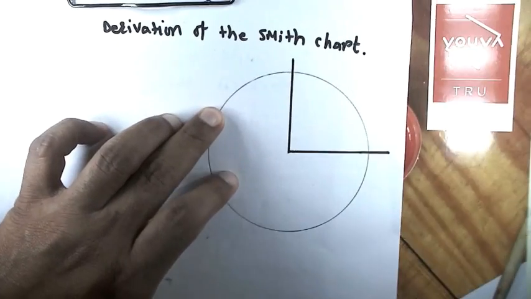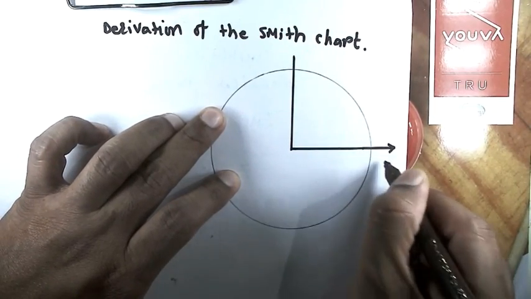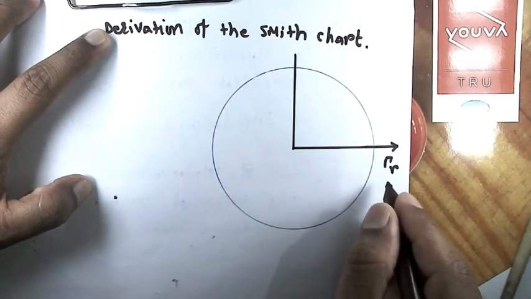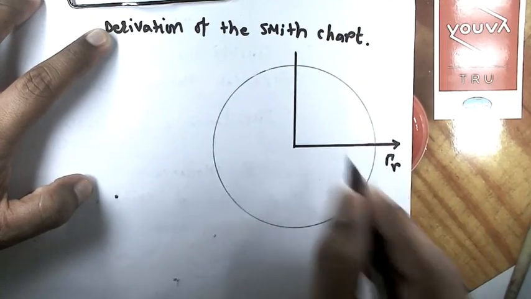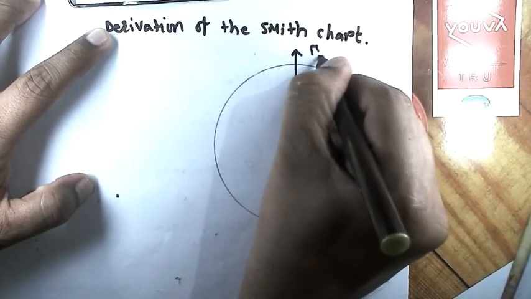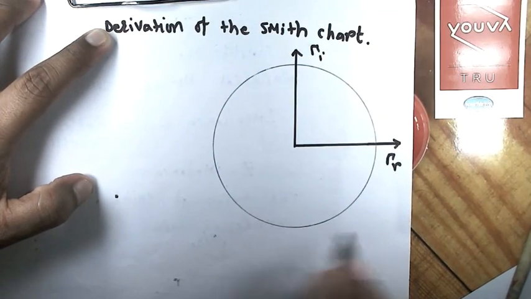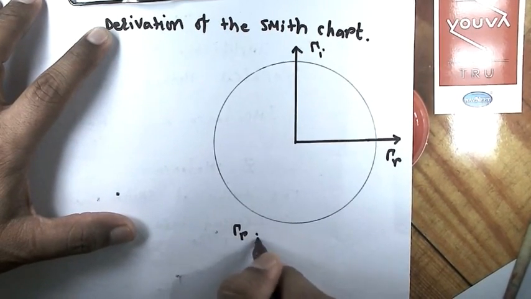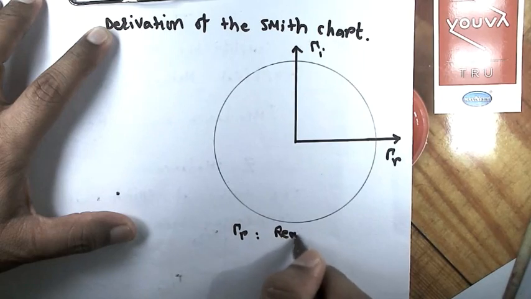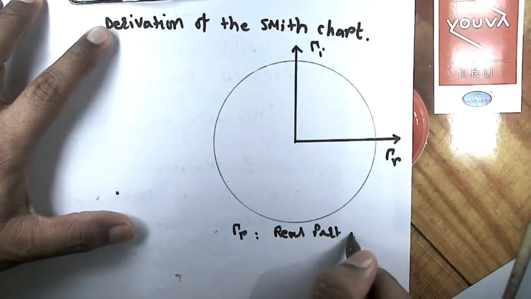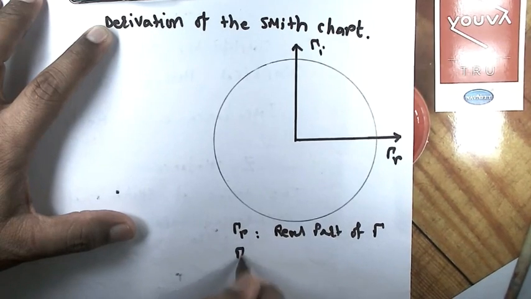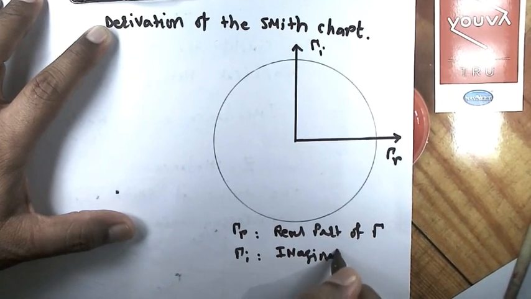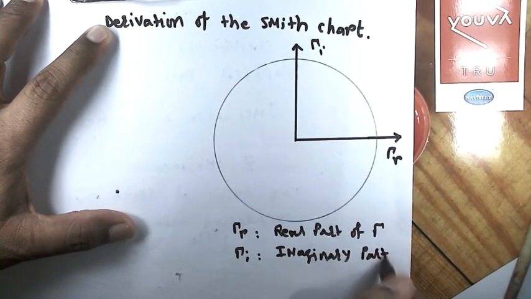So now we have a unit circle having a real part sigma r, which is nothing but the real part of the reflection coefficient, while this one is sigma i, which is nothing but the imaginary part of the reflection coefficient. Let me note this down: sigma r is the real part of sigma, while sigma i is the imaginary part of sigma.